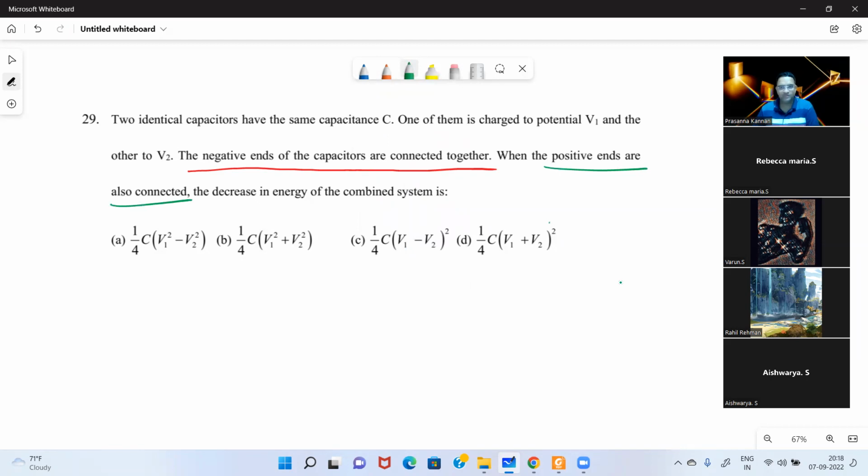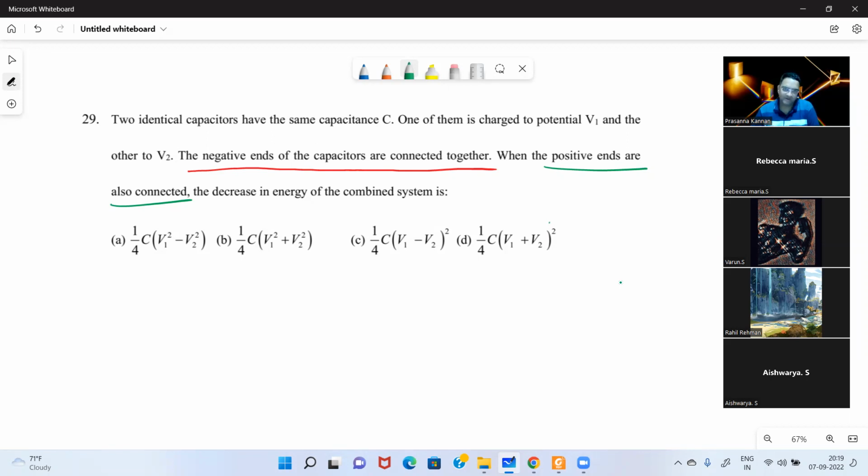So they are in parallel, no doubt about it, and they will have a common potential. Point is, is it the same as the previous question, or what is the difference? There it was Q1 minus Q2, or Q2 minus Q1, here it will be Q2 plus Q1.